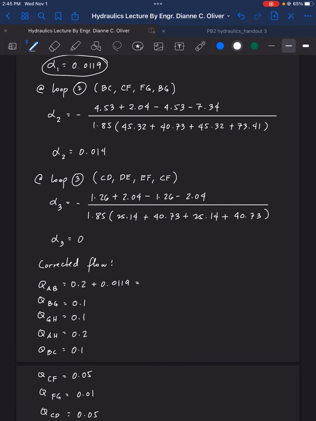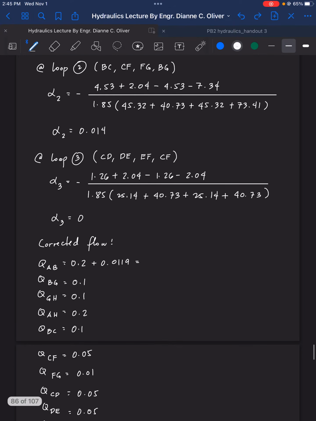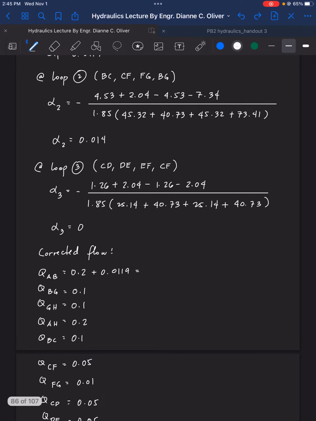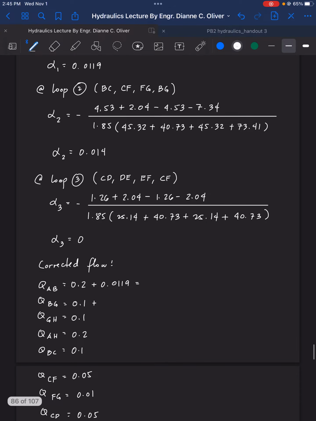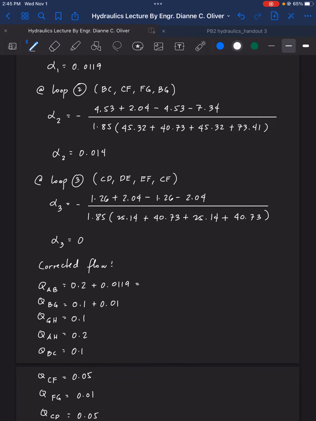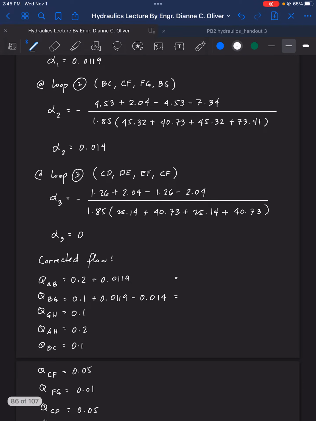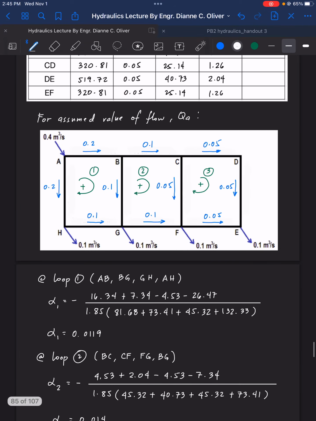So as you can see, correction 1 is 0.0119, correction 2 is 0.014. So BG is positive for loop number 1, then negative for loop number 2. Okay, so that's how our correction for BG is. Next, for GH, if you recall, the GH is at the bottom, so that is countering the flow of loop number 1.